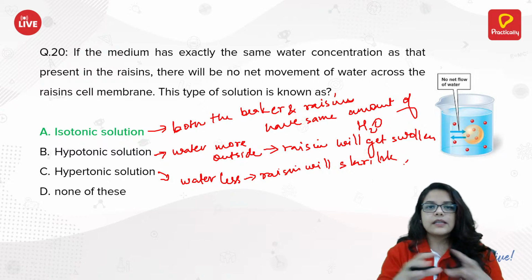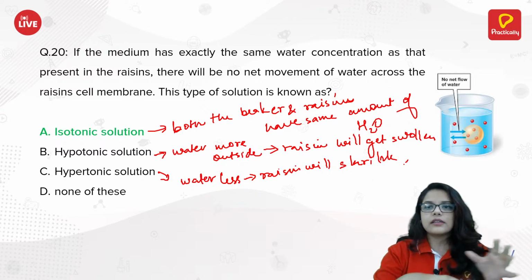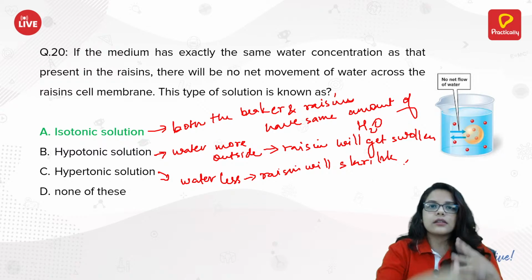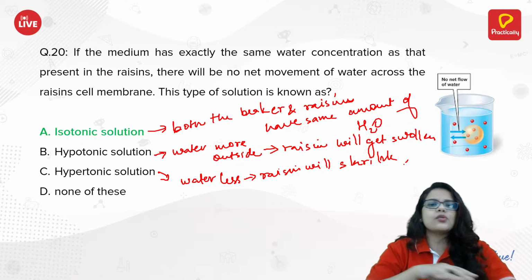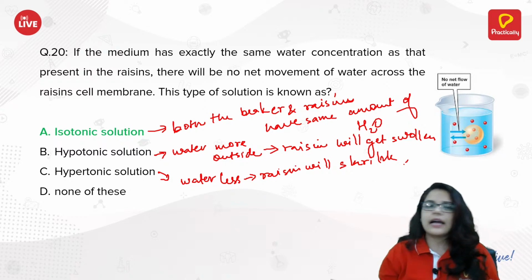Since here both the raisins and the beaker have the same amount of solution, nowhere is it low or high. So there is no net water flow, the raisins will stay as they are, with no change. So the answer is isotonic solution.